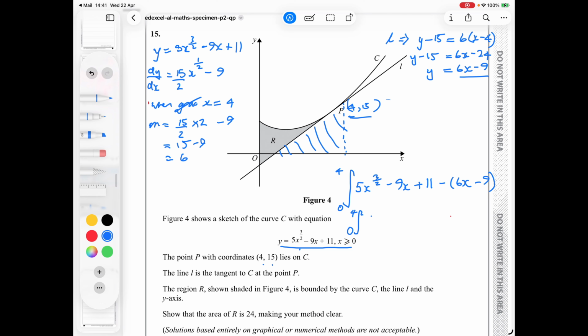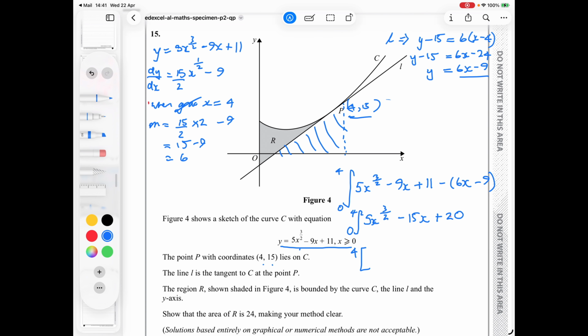So now we've got 5x to the 3 over 2 minus 9x minus 6x, which is minus 15x, plus 11, and that minus 9 is plus 20. Okay, now we can do this. We don't need to do 0, so we can do 4.